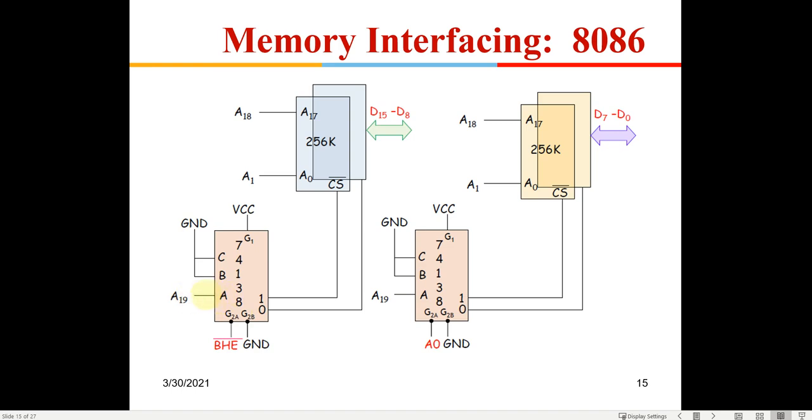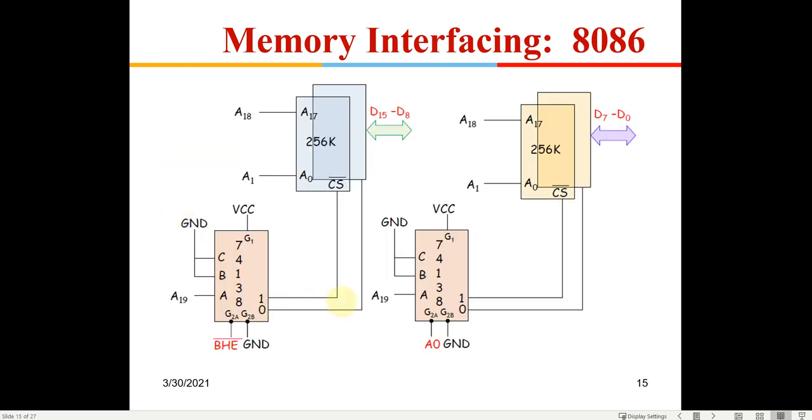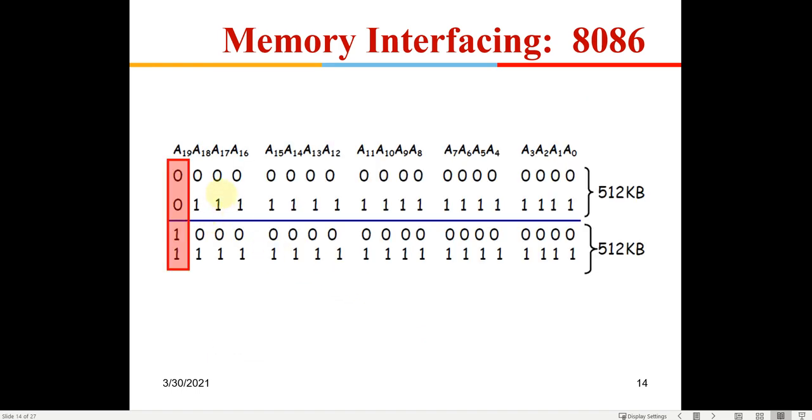If the most significant bit is going to be 0, the output will be available here or here. Now within that, to enable this chip we are going to use A0, and to enable this chip we are going to use BHE dash, right? So this is a slightly different topology than what we learnt earlier.